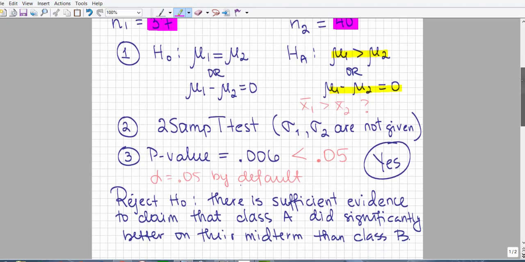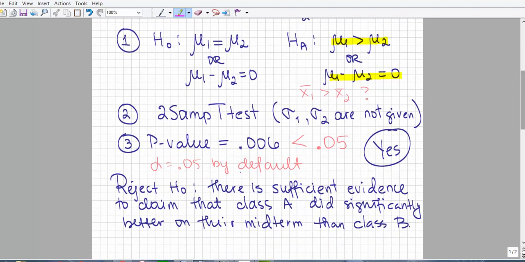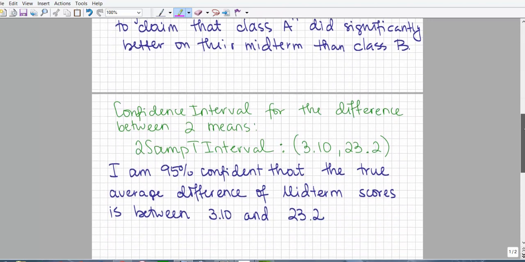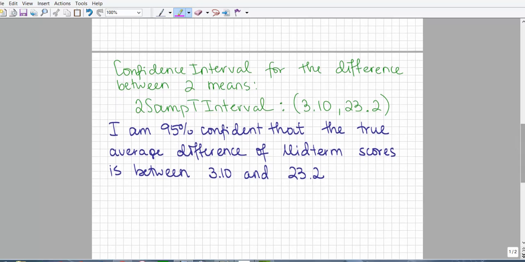We don't have sigmas, so we do a two sample t-test. The p-value is small, which means the difference is significant. We'll reject the null, and then we'll run the confidence interval to show us where the true difference is contained. It's contained between those two values.